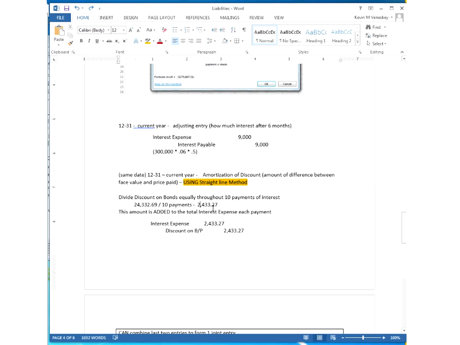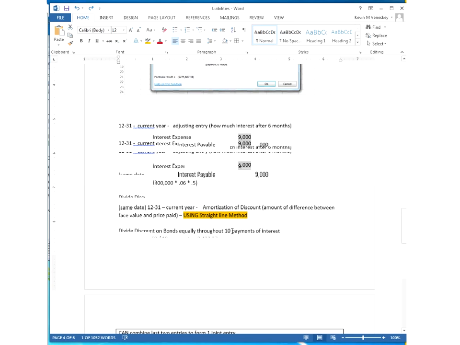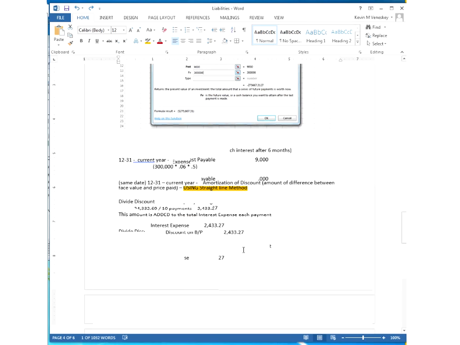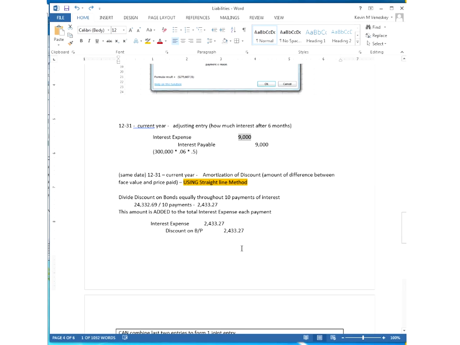Every time interest is paid, I'm going to add an additional $24.33 to my interest expense. So not only will my interest expense be $9,000, but I'm adding another $24.33 to that figure. So really, my interest expense is $11,000 plus. And then what I do is I take away however much I put on the interest.